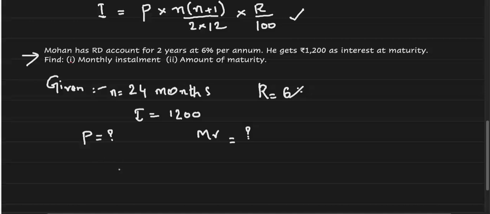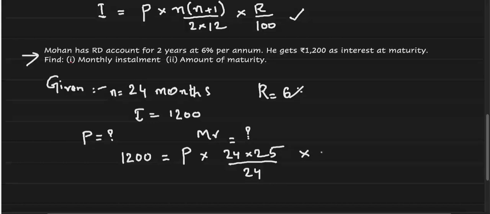So, I is given as 1200 equals P as it is, multiplied by N 24 and N plus 1 also 25 divided by 2 into 12, which is 24, right? Multiplied by R 6, and 100 is as it is.